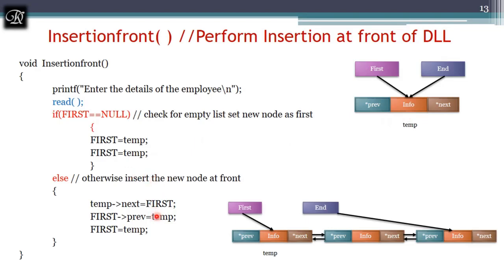Otherwise, as we have seen, first I connect temp's next to where first was pointing before, and first's previous to temp, and I'm calling this temp first. This is how insertion at front happens.